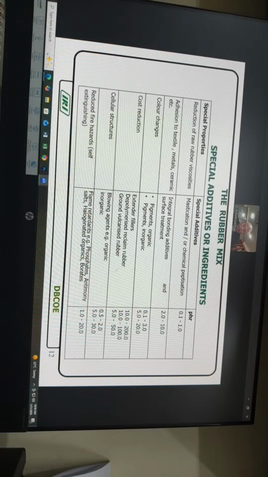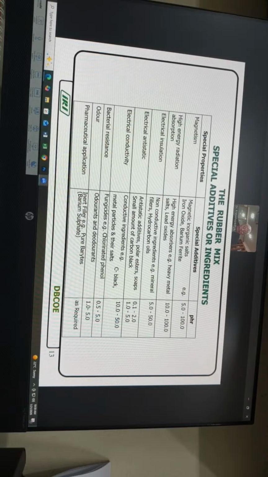Then rubber viscosity reduction, adhesion promoters, color ingredients, then cost reduction with extender fillers, and then reclaimed rubber and recycled rubber. A cellular structure requires a blowing agent. For fire hazard you require a flame retardant, like phosphorus or antimony salt or borax. Then magnetism: certain rubber products require magnetic behavior, so magnetic inorganic salts, iron oxide, barium ferrite or barium sulfate.